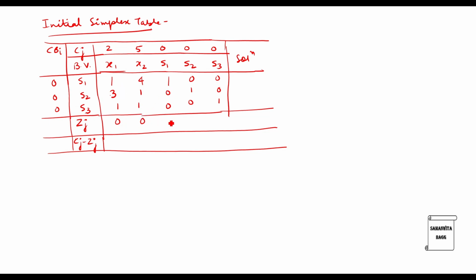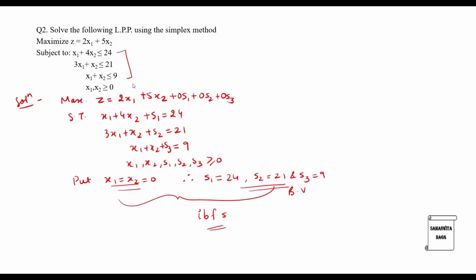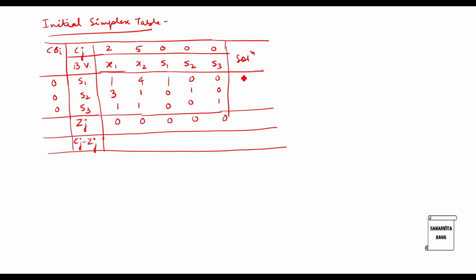Similarly, you can calculate for each of them. It will be 0 because these three terms are 0. In the solution column, you will write down the values of S1, S2 and S3. It is 24, 21 and 9. If you multiply these numbers also with the CBI value, this will be 0.